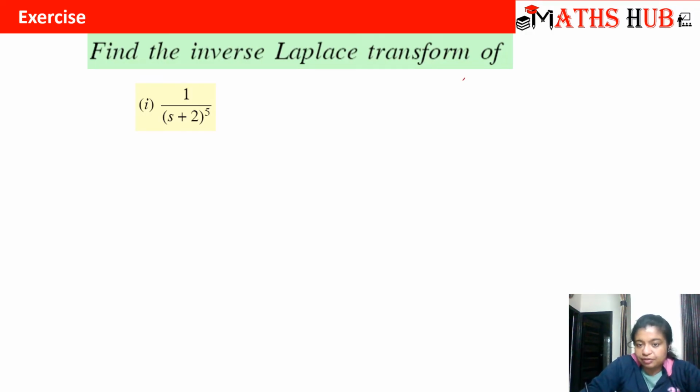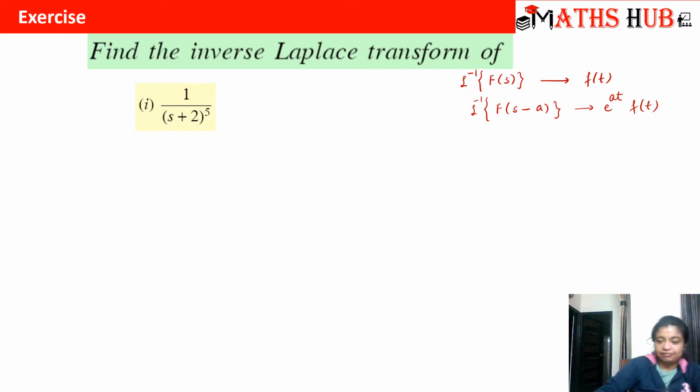The first shifting property said that if Laplace inverse of F of s is f of t, then Laplace inverse of F of s minus a will be e raised to power at into f of t. So here you can see that s is getting shifted to s minus a. In your problem, just check where s is getting shifted to. Can you see that s is getting shifted to s plus 2, right?